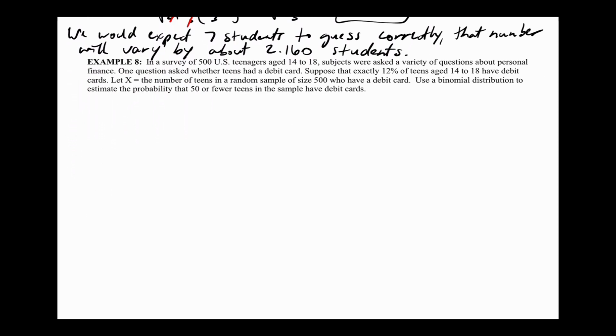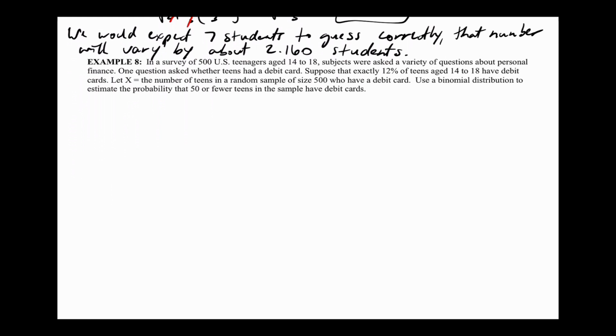Okay, last one. In a survey of 500 US teenagers aged 14 to 18, so every single person except for me in here, this is talking about you guys. Okay, 14 to 18. I don't think we have any 19-year-olds, super seniors. Subjects were asked a variety of questions about personal finance. One question asked whether teens had a debit card.